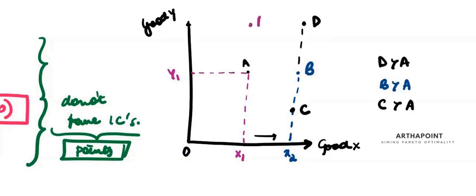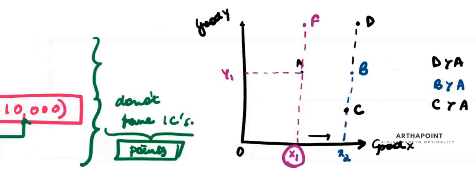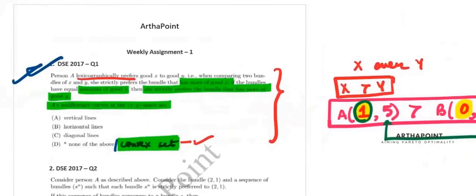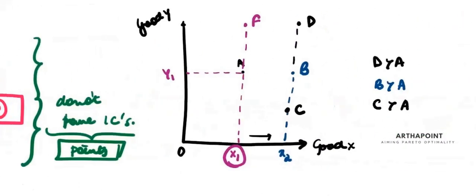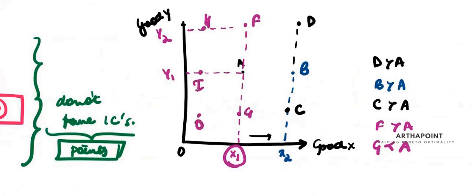Point F has the same amount of good X. But what is lexicographic preference? If you have the same amount of good X, then whichever has more of good Y is preferred. F has more good Y, so F should be preferred over A. Let's say point G. G should be less preferred than A. You can take different points, H, I, O. Each point will have a different level of utility.